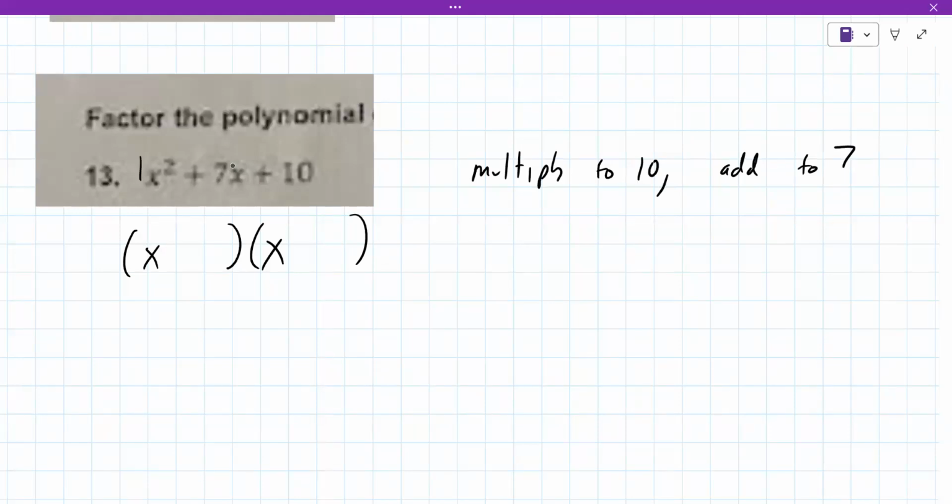So you have to think of any two numbers that can multiply to 10. For example, 1 and 10, oh yeah, 2 and 5. So this becomes x plus 2, x plus 5.